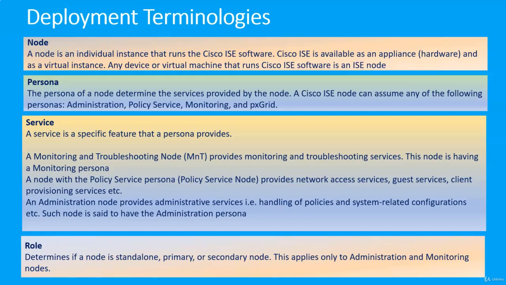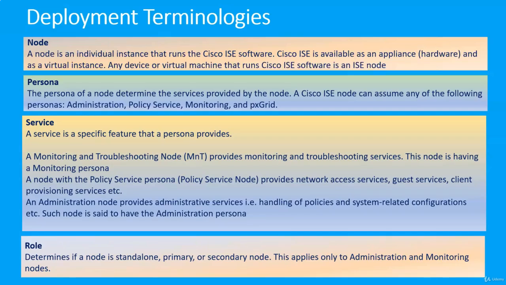For example, handling of policies and system-related configurations. What characterizes a node to be called a monitoring and troubleshooting node is because the node is having a monitoring persona and therefore is providing monitoring and troubleshooting services. A node with policy service persona is a policy service node and will provide services such as network access services, guest service, client provisioning service, etc.